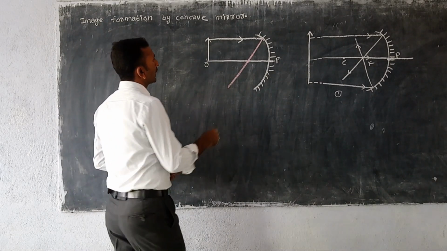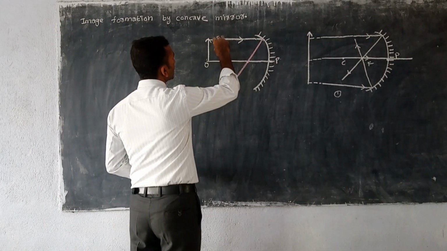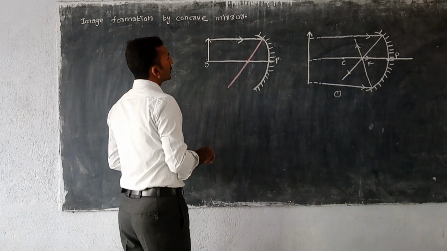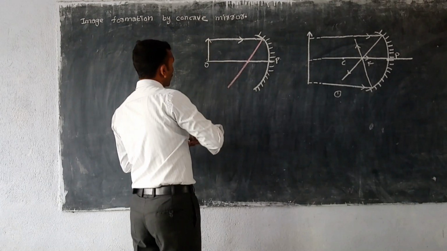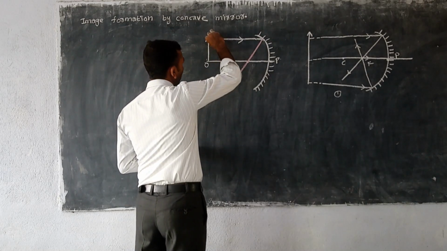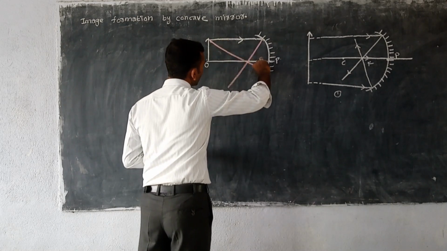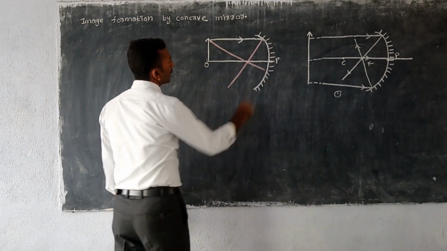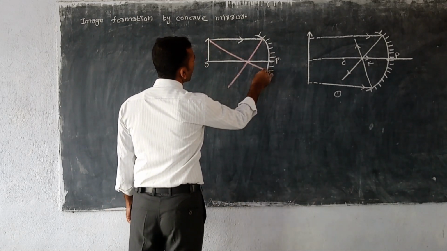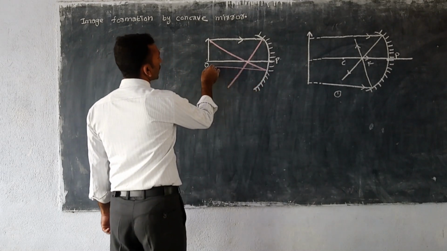And what is the second light ray we are taking? The light ray which goes through the focal point, and after reflection it will meet this one.